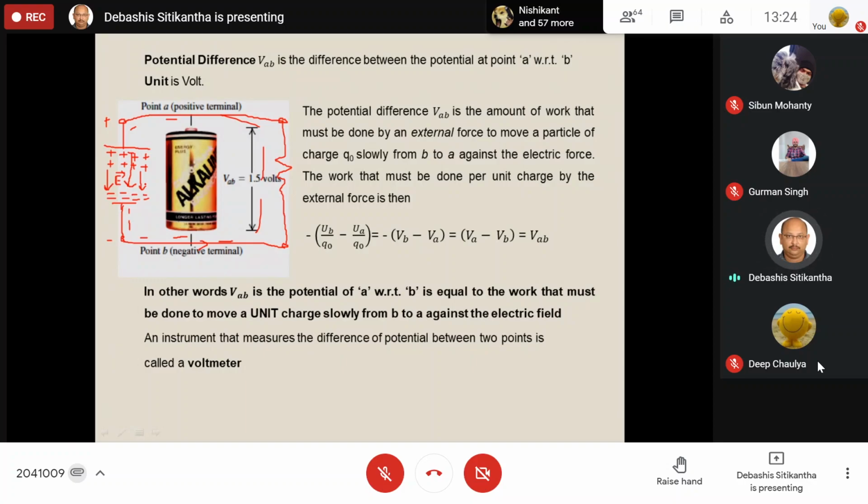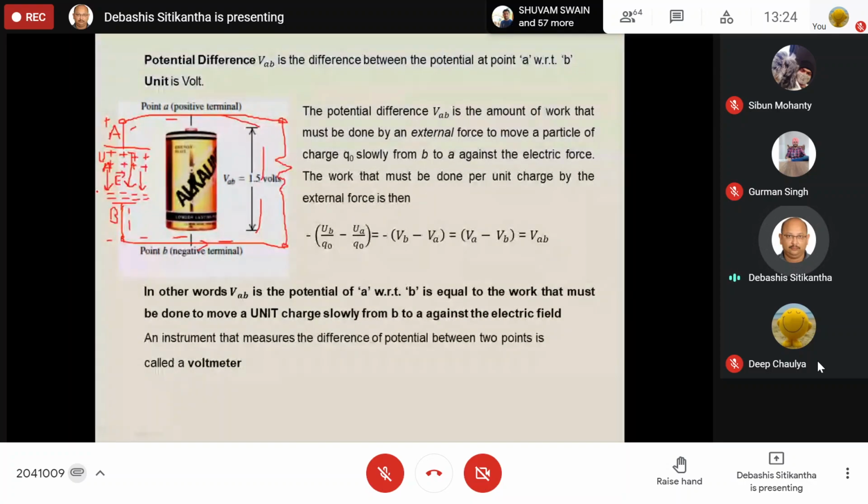Now, what is this electric potential? Let us try to see. Once I have separated the positive and negative charges, let us say the positive terminal is point A and the negative terminal is point B. Now, all the positive charges are pushed to side A, and therefore, being separated from the electrons, they gain some energy, that is UA.